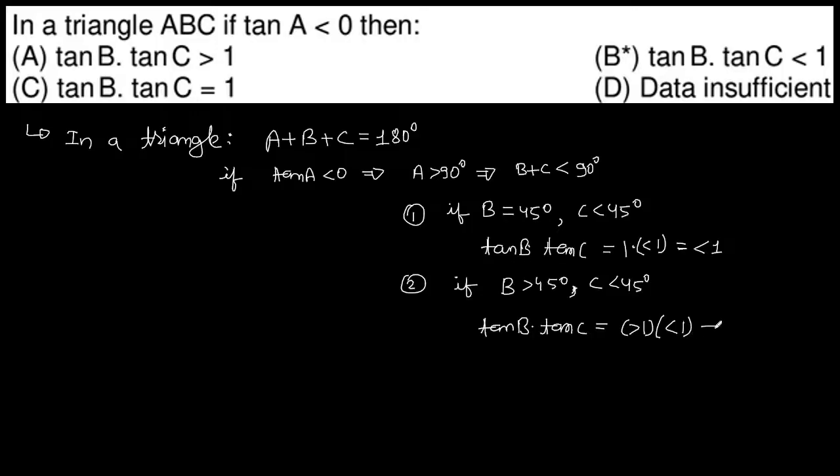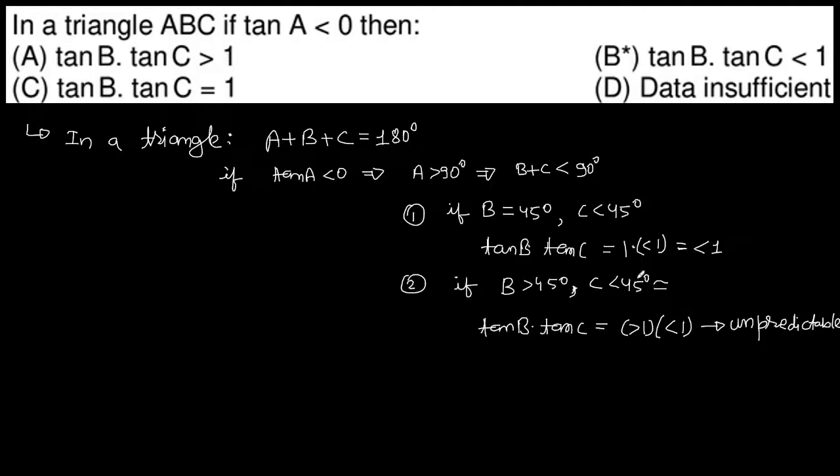So in this case it is unpredictable, but we have to give some prediction. We can say that this is near to 90 minus more than 45, which is less than 45.